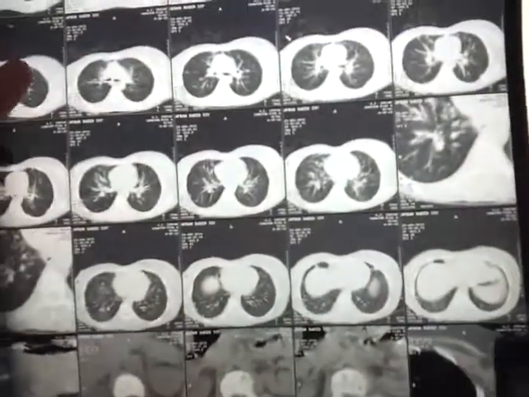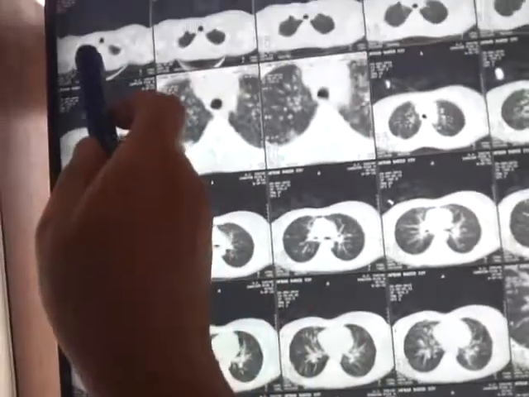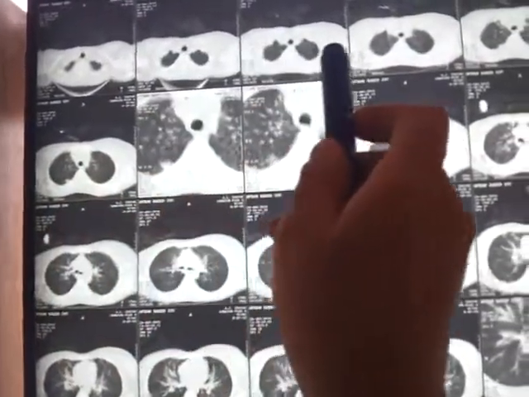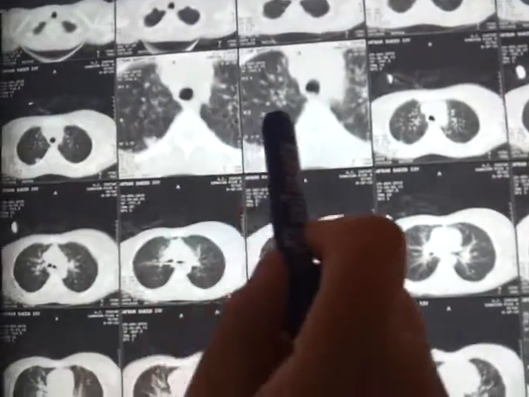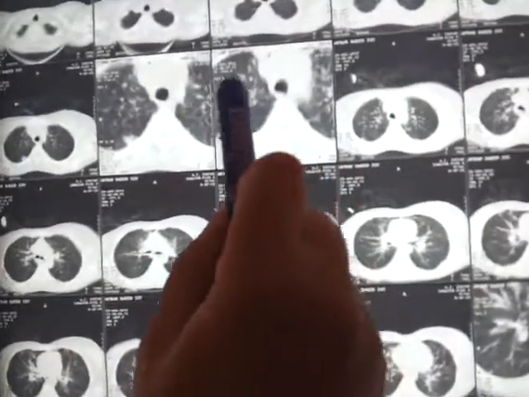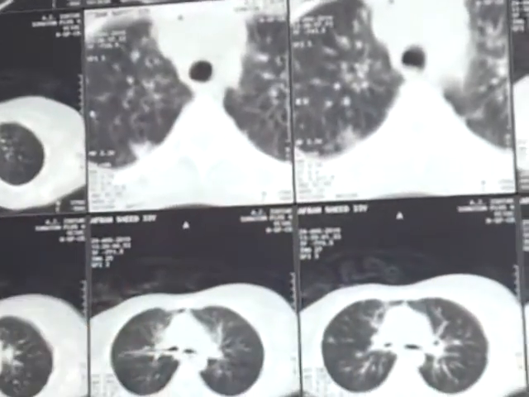This is the tissue face of the CT scan of the same patient. You see, this is the apices, and still in the upper part there are a lot of nodes, small masses infiltrating.